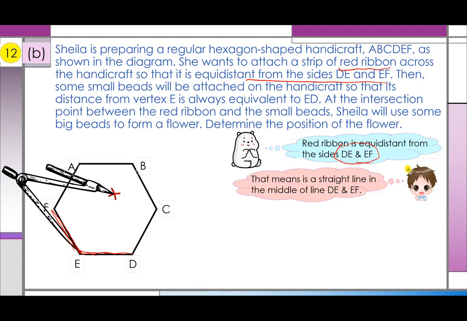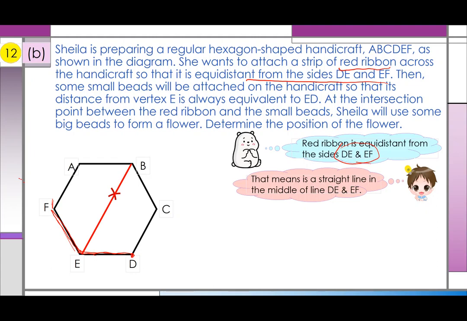You use this point and this point, so your compass should be put here. So you find the middle line.